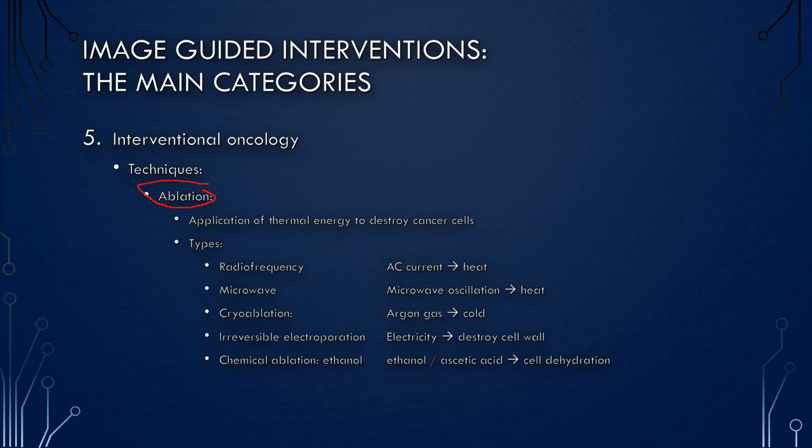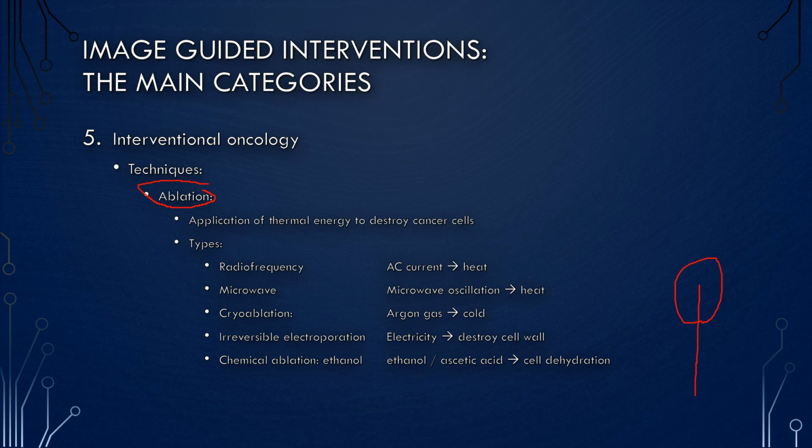Microwave ablation uses microwave, which oscillates H2O molecules and induces heat, which kills tumor. Cryoablation, in which the interventional radiologist introduces a needle. The needle has argon gas inside it that stays inside it. However, it becomes quite cold and creates a crystal ball of ice within the tumor itself, and it destroys the cell wall.